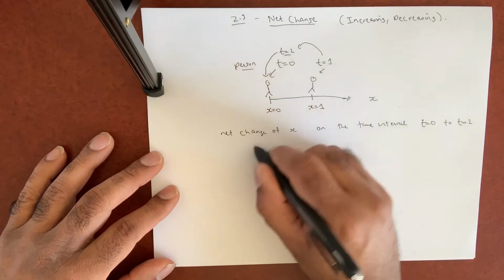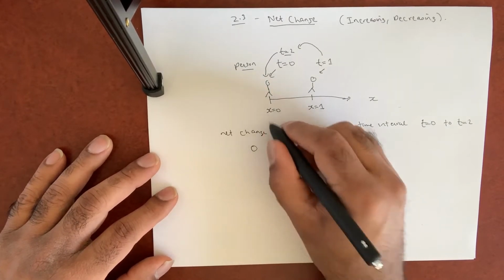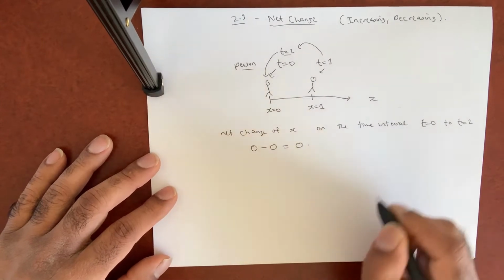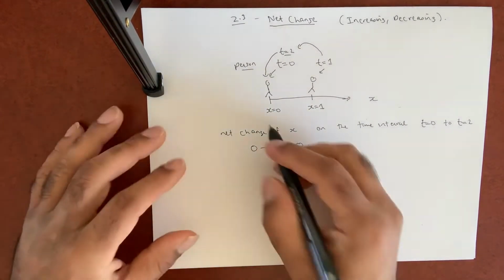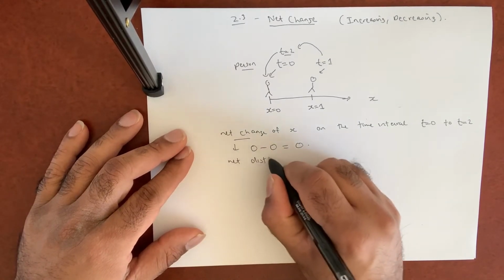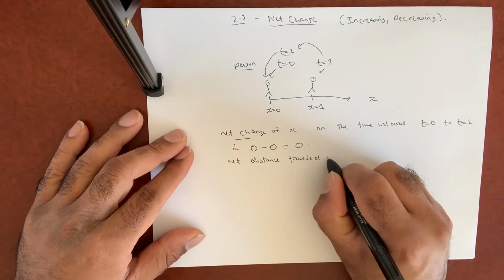Well, you were here at 0. You started here at 0. After 2 seconds, you ended at 0. So the net distance traveled is 0. Okay, the net change or the net distance traveled is 0.